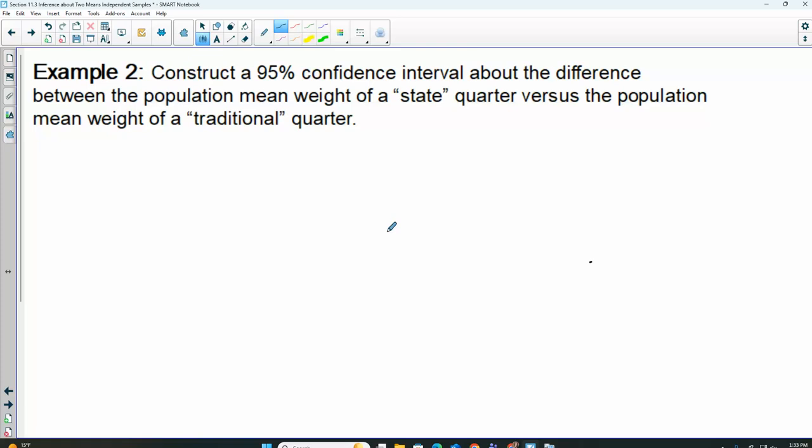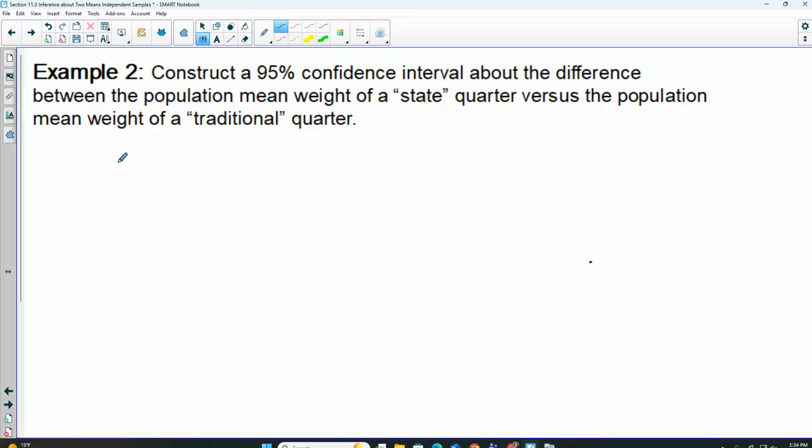This just goes with our previous example. Then technically, if I'm asking you to test a hypothesis, make sure you have the hypothesis written. I didn't ask you to do that here. I just asked you to do the confidence interval.